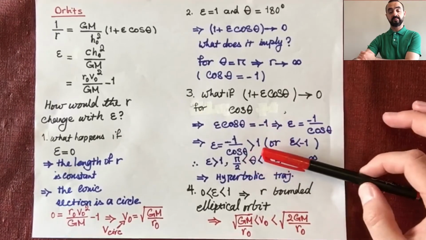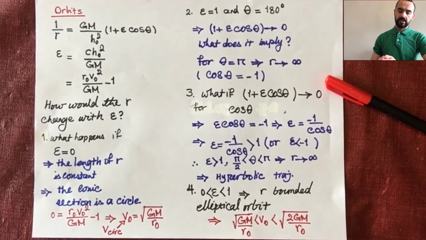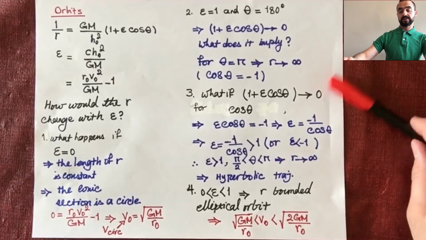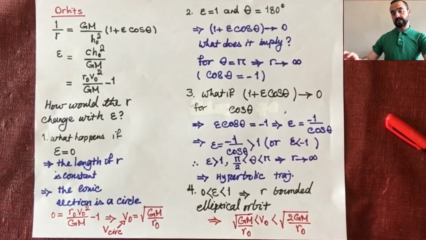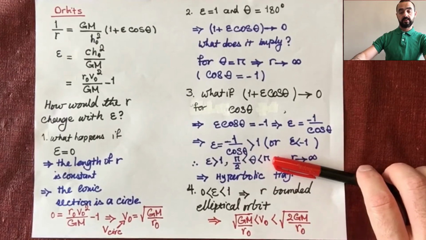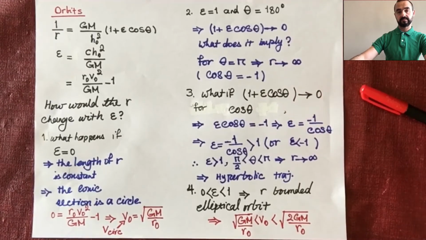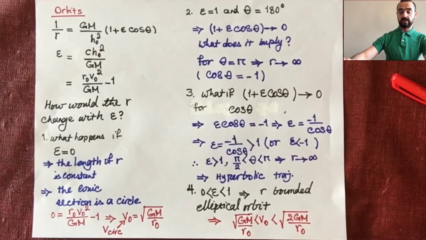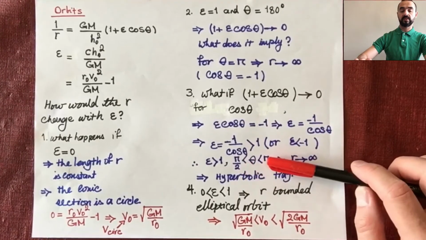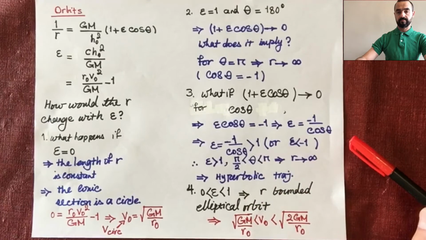It's a number always larger than 1. If you plot this trajectory, you get a hyperbolic trajectory. So for theta between pi over 2 and pi, epsilon larger than 1, r goes to infinity. We have a hyperbolic trajectory.